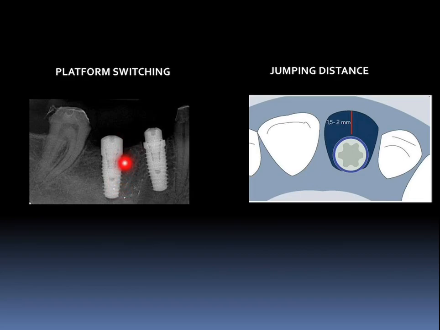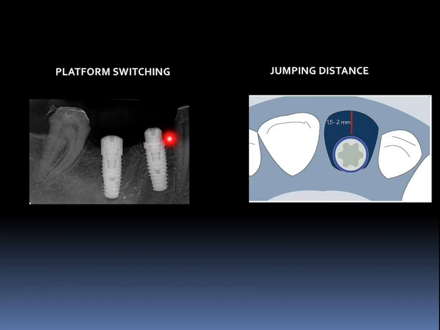But here, gradually bone loss was seen. Accidentally, one of the dentists once used a smaller sized abutment than the normal implant. What they noticed is that bone grew in the crestal part, which imparted more stability, and the crestal bone loss was less.